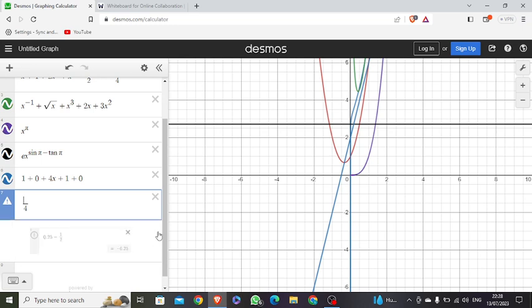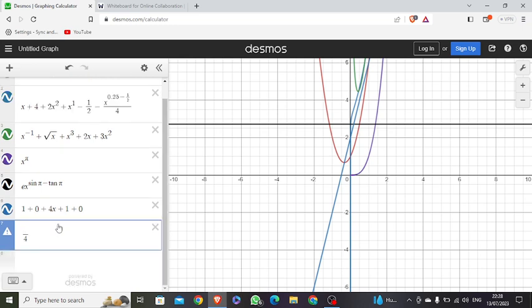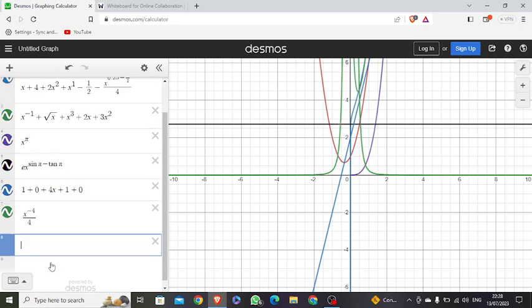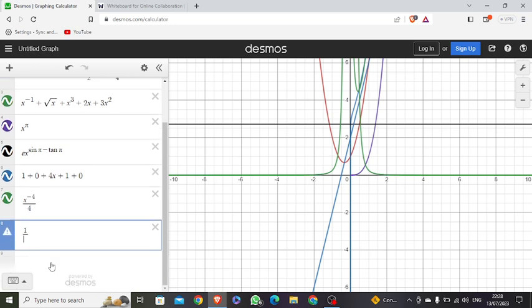Okay, and so what we're going to do is x to the power negative 4 equals 4. So what we're going to do is we're going to use the rule separately. So 1/4 times, let's see, minus 4 times x to the power minus 5.